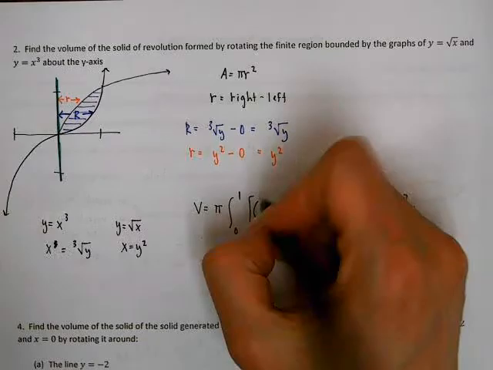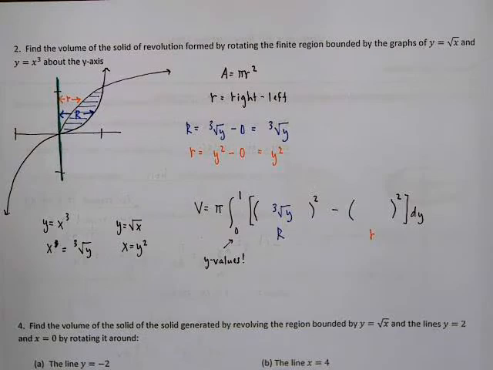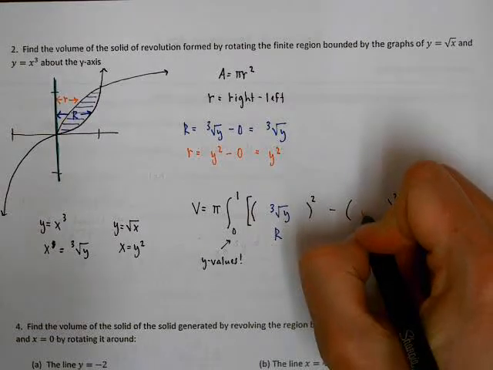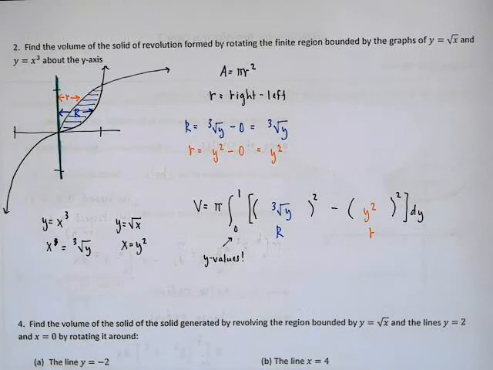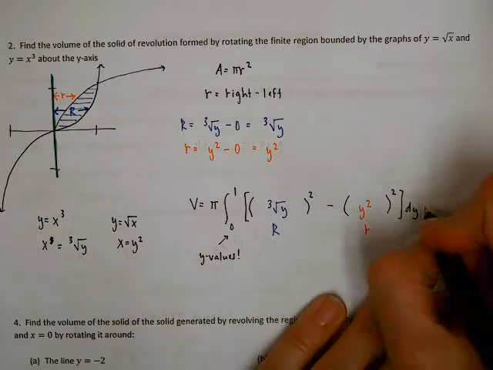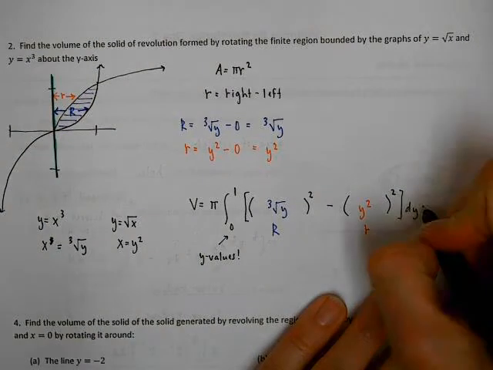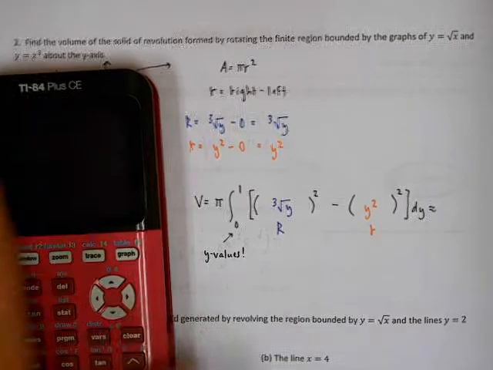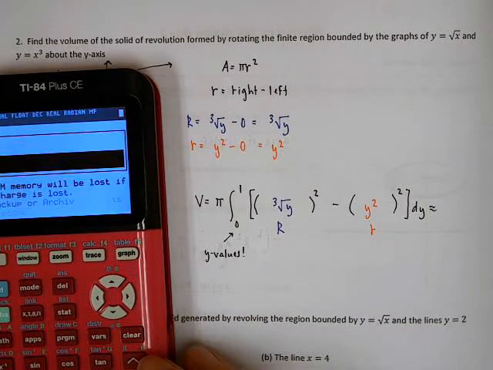My big R is cube root of y. My little r is y squared. And now I've got an integral that I can plug into my calculator. So let's take a look.